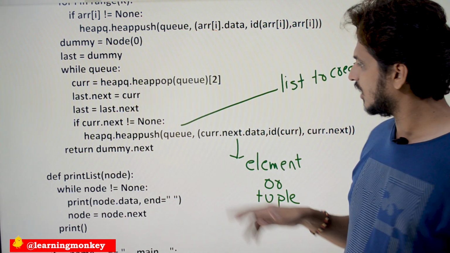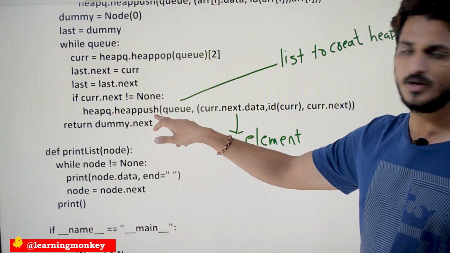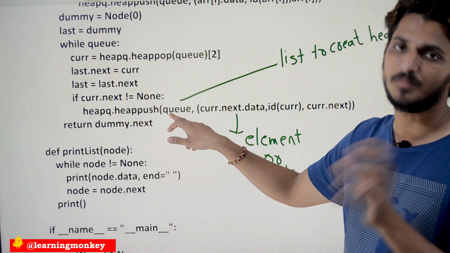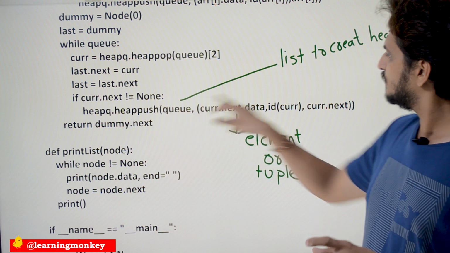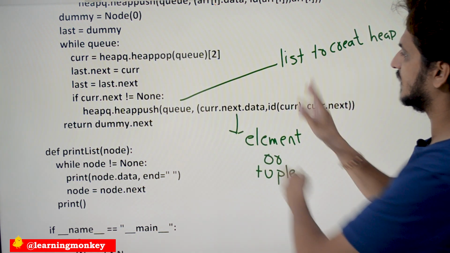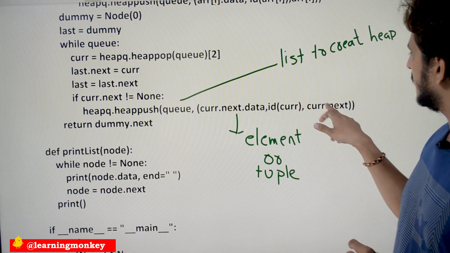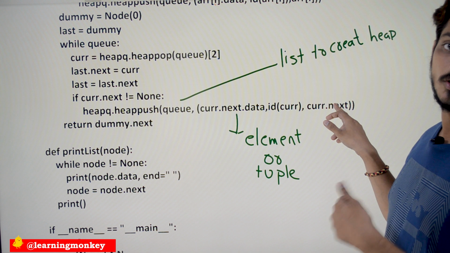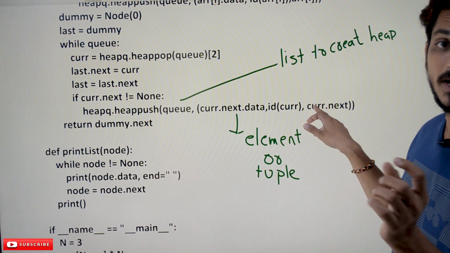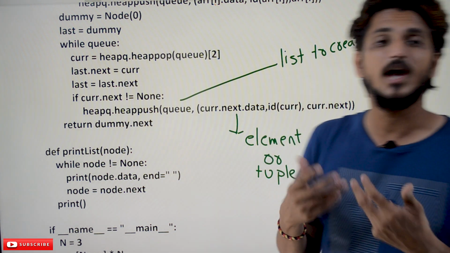And one more thing you have to maintain here, this list. What is the heap push function going to do? Take the list, which contains the min heap, and push the element. Here the element is provided in a tuple. In the tuple, the first one should be the element and the next ones you can maintain anything. We are going to maintain the address of the next node. Not only that, we have maintained one extra variable, the ID of current. Why have we maintained this?